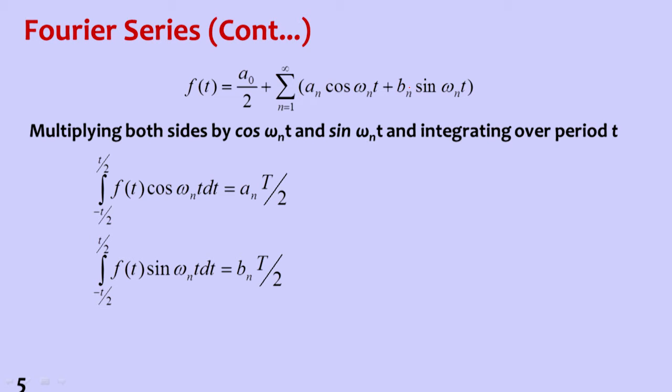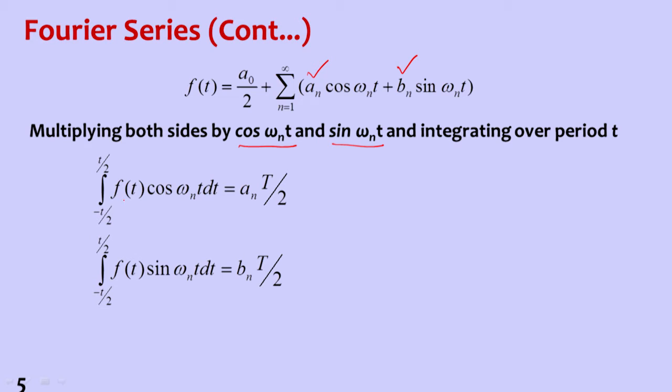So let us understand the properties, and then we need to find out what an and bn are, which are the coefficients. If we multiply both sides, left side and right side, by cos omega n t and also sin omega n t, and integrate over one period, one cycle, from minus T by 2, the half cycle, to plus T by 2, the other half cycle, this is one full cycle.